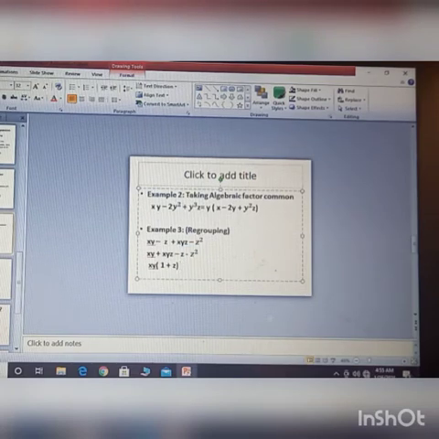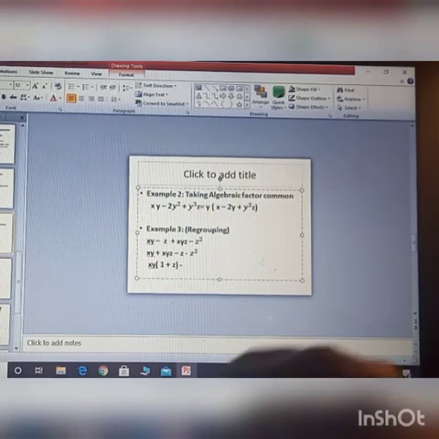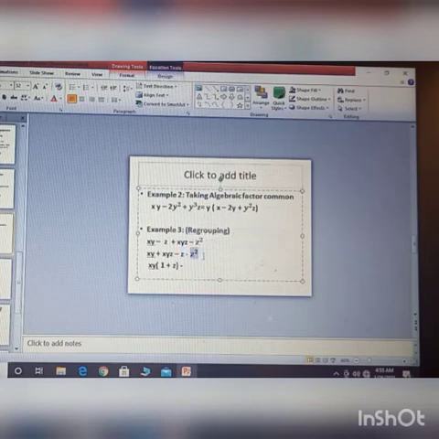So from the second group, you can see a negative sign is common in both of them. And if you see the powers of z, here it is z power 1, and in the second one it is z power 2. z power 1 is common in both of them. So I'll take z common out.